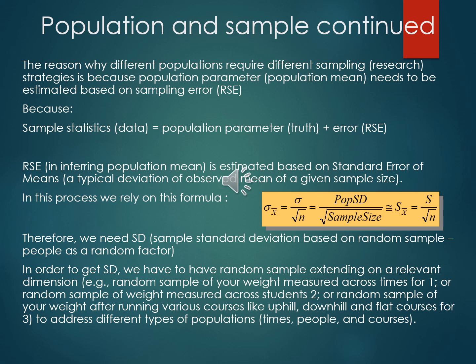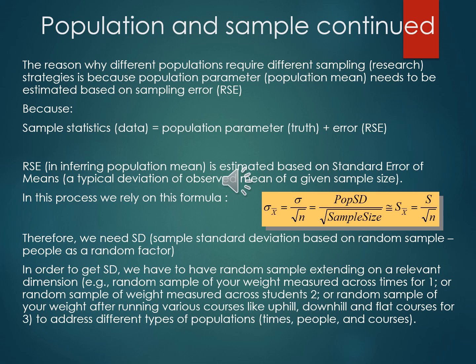So if you are interested in your weight across different times, then your sample should be across different times, which becomes your sample size. Therefore, that becomes the square root of n. For example, if you have 30 times of observation of your weight, then the standard deviation of your weight across those samples needs to be divided by square root of 30.